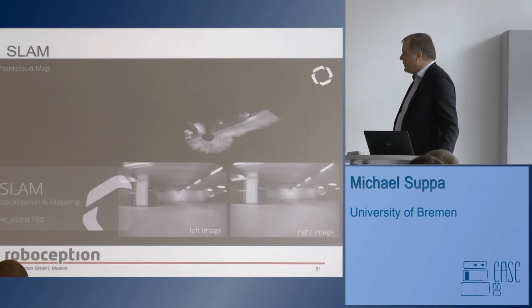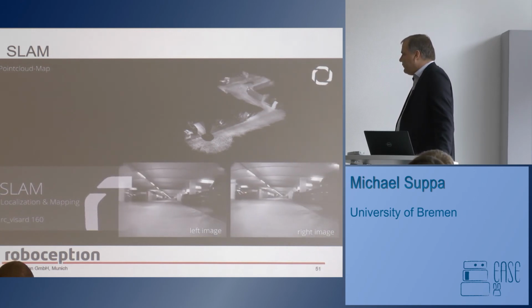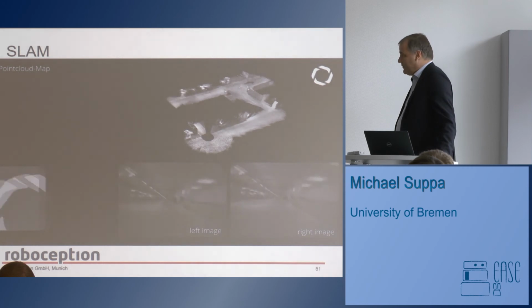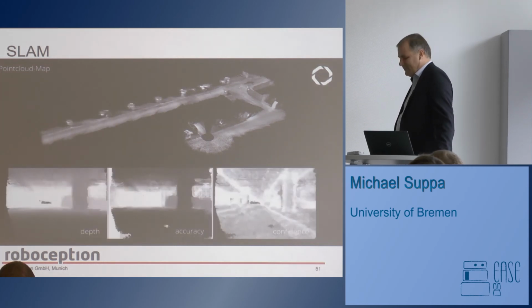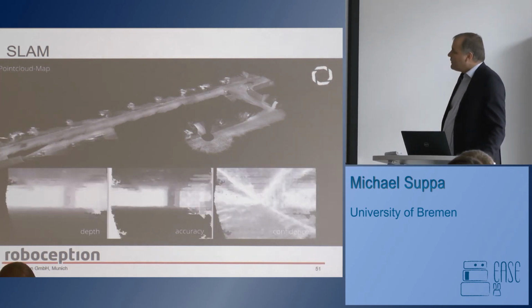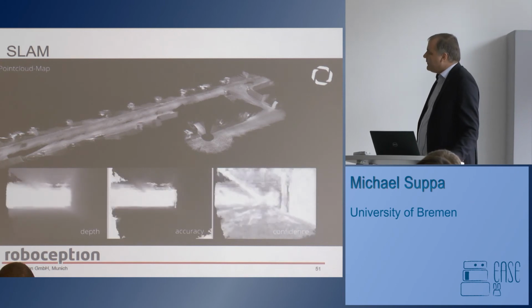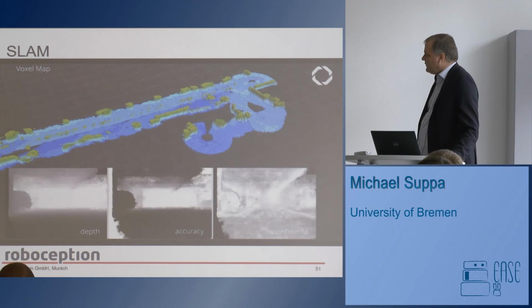To show you also a short video on that, it's taken down in our garage. We are moving here with a turtlebot, so it's not automatically or autonomously driving, it's guided by hand. And we generate here a map or a point cloud of the environment, and we are using depth, accuracy, and confidence here as the input data.